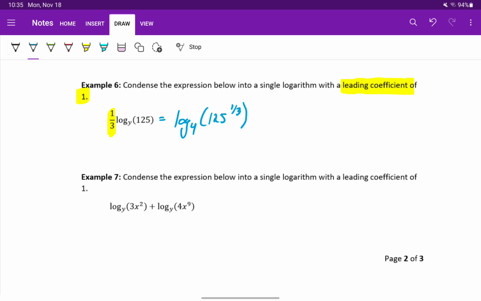What we've done is use that power rule in reverse. We've brought that coefficient out front up as an exponent, and now we can simplify 125 to the 1/3 power, which will just be 5. So keep in mind that's just the same thing as the cube root of 125.